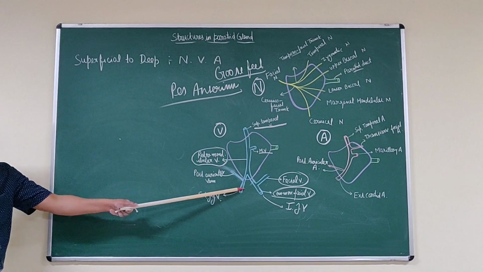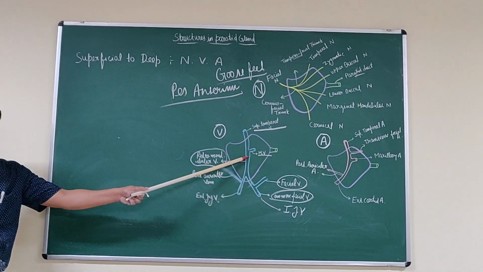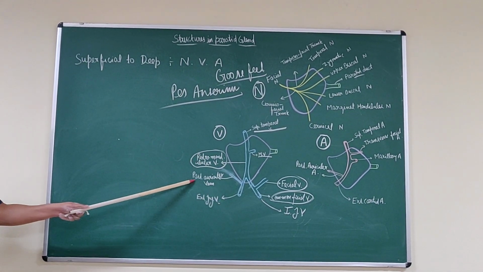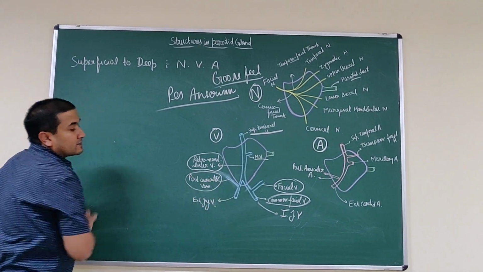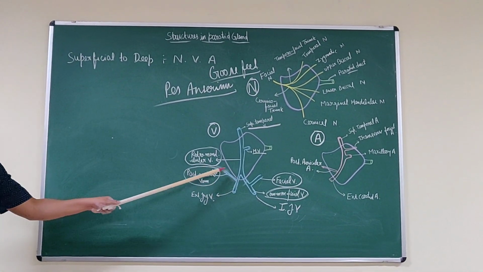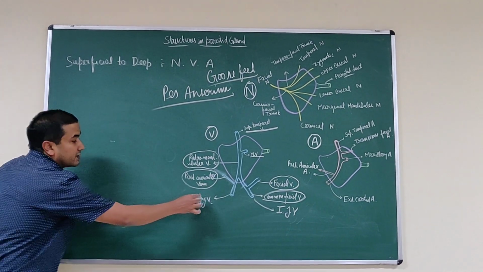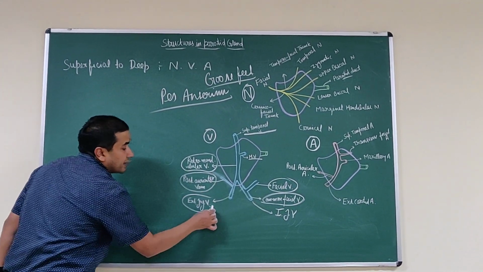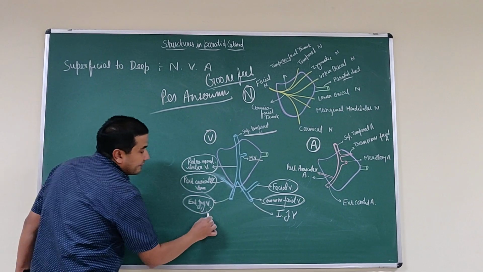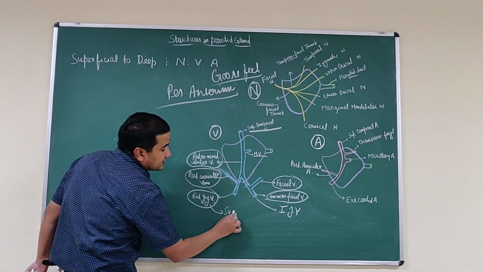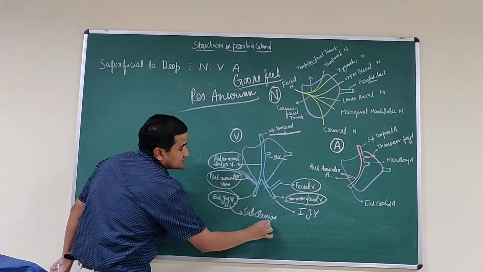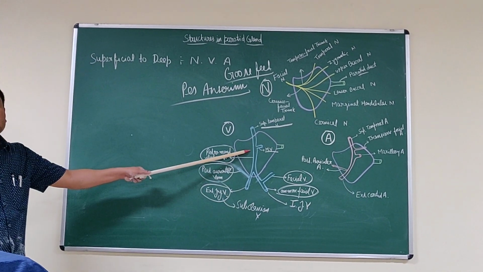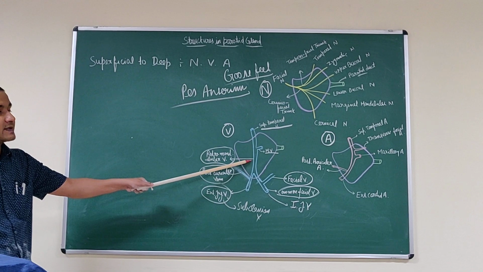Now the posterior division of the retromandibular vein unites with the posterior auricular vein. These two unite to form the external jugular vein, and this external jugular vein ultimately drains into the subclavian vein. So, these are the veins present inside the parotid gland.